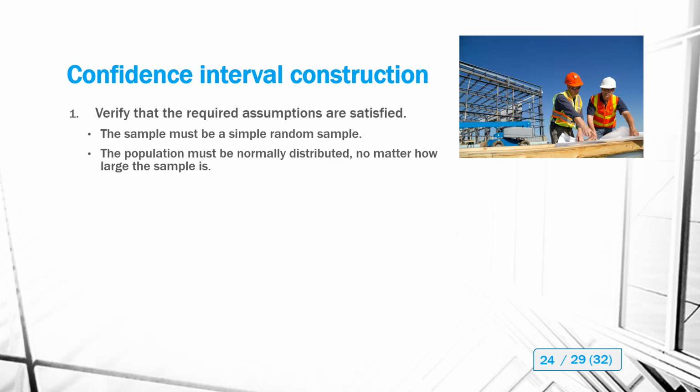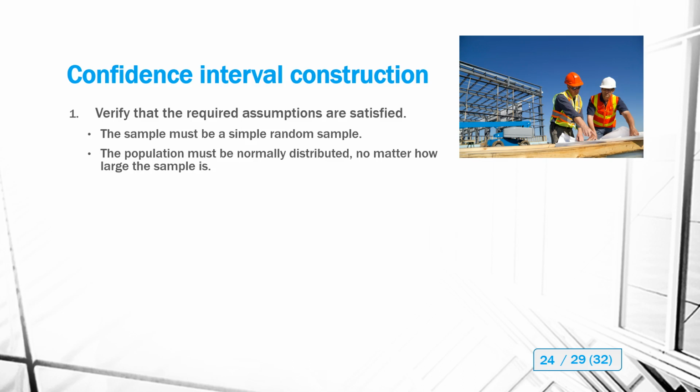Why? Because the chi-square distribution is not symmetrical about the mean. It's not a normal distribution. It is a skewed distribution. And so we don't have that option of saying, well, if it's greater than 30, we can just approximate it with the standard normal distribution.